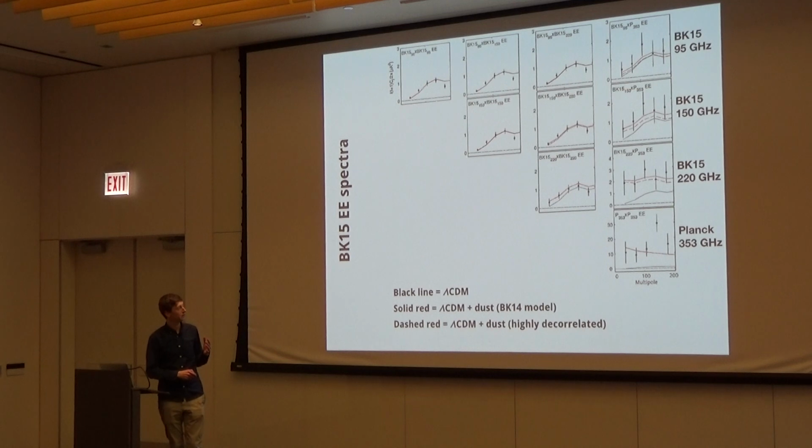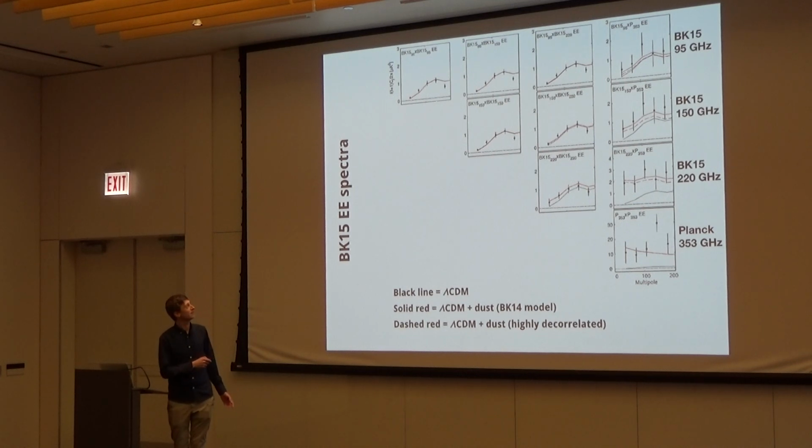That's the microwave background. And then in red, we've added a dust foreground, and the dust model that's shown here in red is actually from the prior analysis. So this is the BICEP Keck 2014 analysis, the previous paper. In that analysis, we fit a foreground model, and that foreground model has been added to the lambda CDM E-modes that is shown in red.